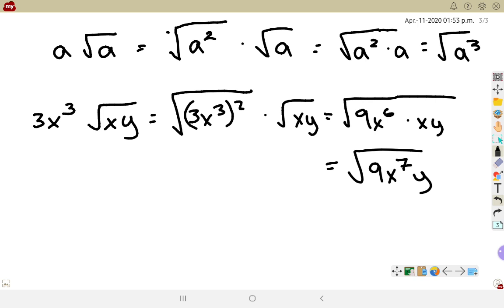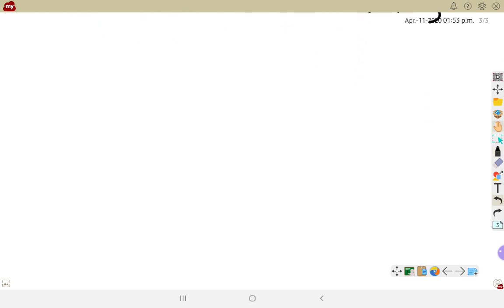Okay, and it does work even if we switch up the index where it's not an index of 2. So let's say I had something like the fourth root of x exponent 11 times y exponent 17. That sounds more fun.